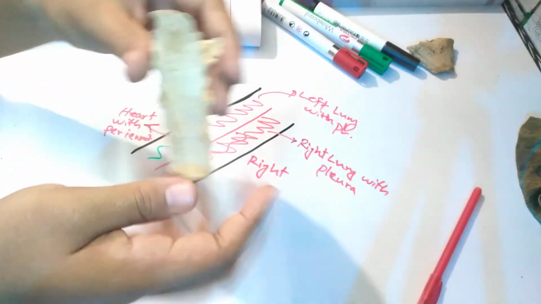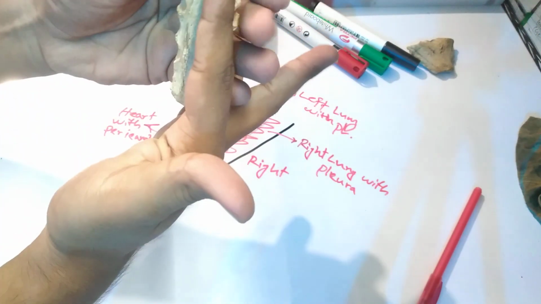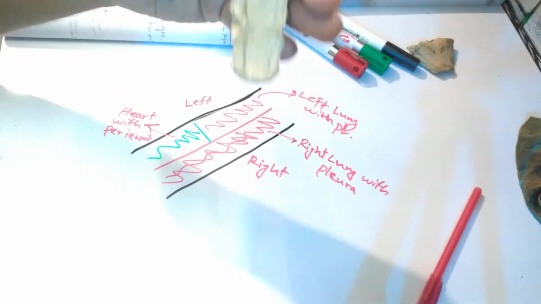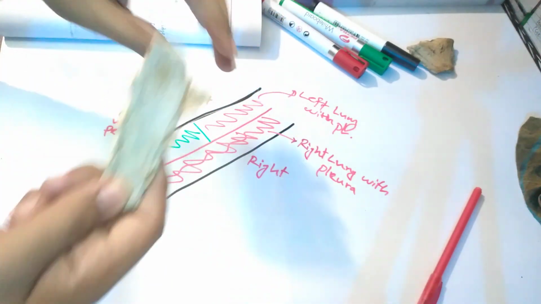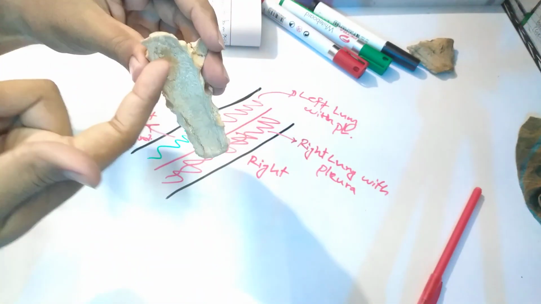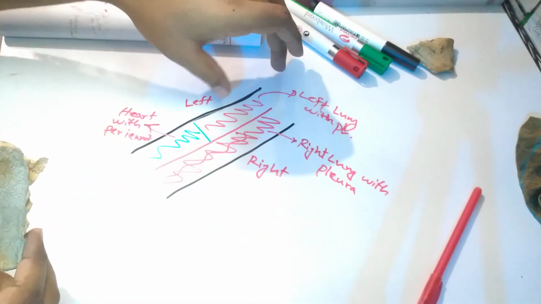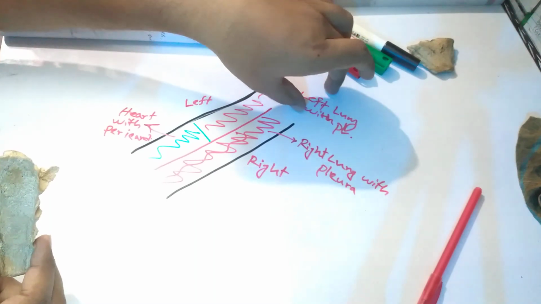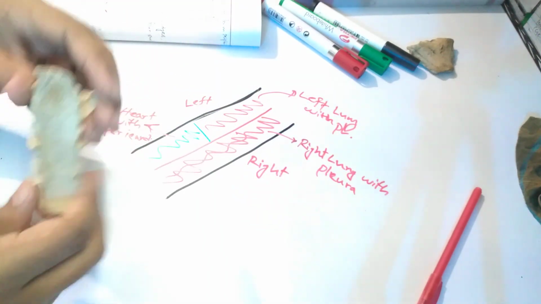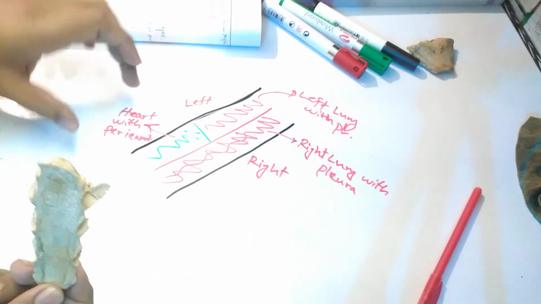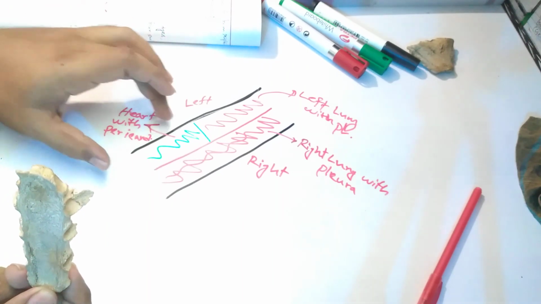On the left side, the upper half has a relation with the left lung with pleura, and the lower half has a relation with the heart with pericardium.